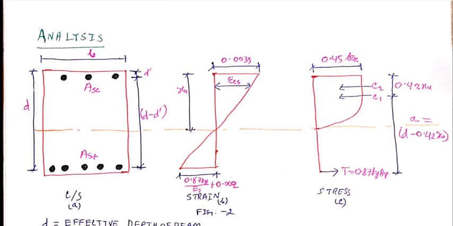So the terms which we have here, let's again discuss. Small d is effective depth of beam, small d dashed is effective cover to compression steel, Asc is area of compression steel, Ast is area of tensile steel, xu is depth of neutral axis, C1 is compressive force carried by concrete area, C2 is compressive force carried by compression steel, small a is lever arm, which equals d minus 0.42 xu.